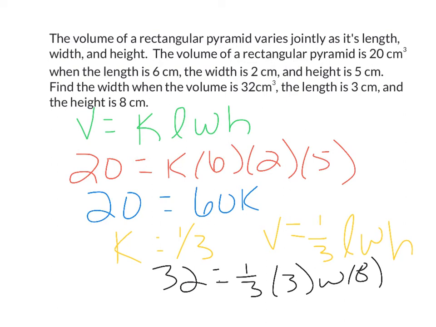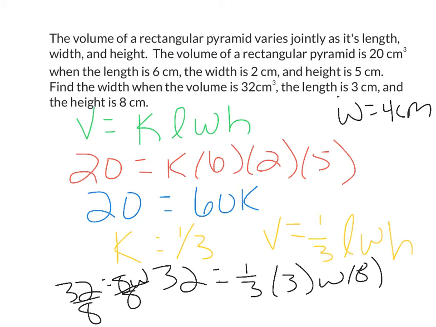I'm going to simplify my equation by multiplying together the known values and get 32 equals 8w. I can now solve my equation by dividing both sides by 8 and get that my width is 4 centimeters.